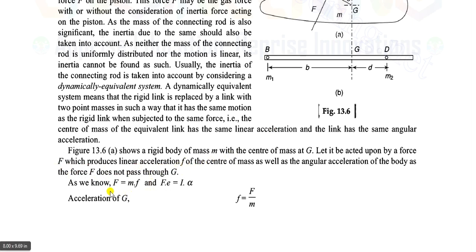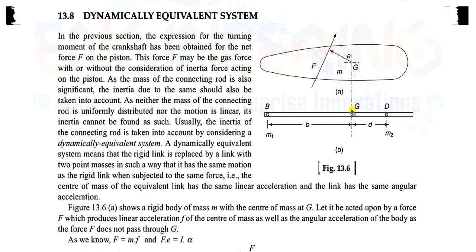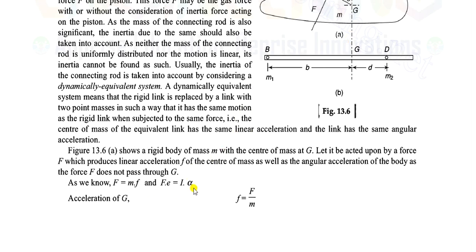So F will be equal to m into f, like force equals mass into acceleration. Now how much torque is coming on this? This force is not acting through G, so the torque is F into e, and that torque will be equal to I into alpha.